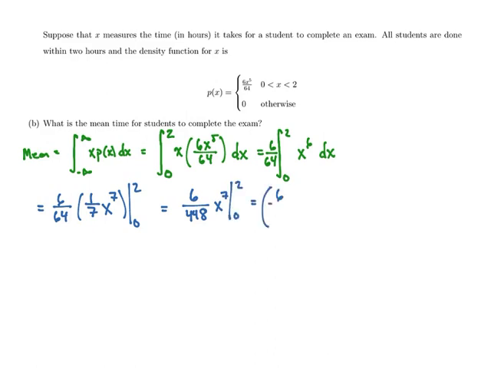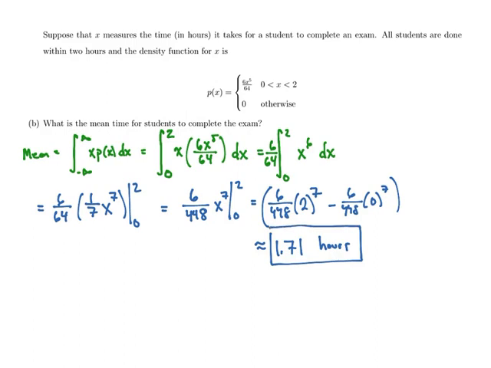Plugging it in, we're going to have 6 over 448, 2 to the 7th, minus 6 over 448, 0 to the 7th, which will come out to be about 1.71. And here we have hours is our mean time.